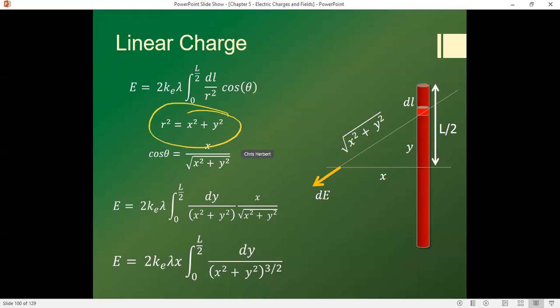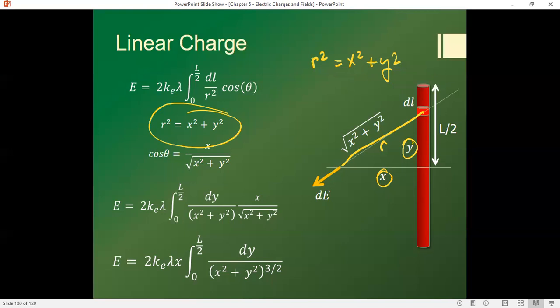By the Pythagorean theorem, if x is my horizontal position and y is my vertical position, this hypotenuse represents R, and R squared would be x squared plus y squared. So that's a fairly easy substitution that I can make.